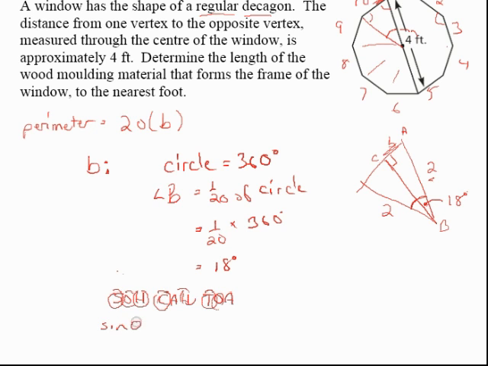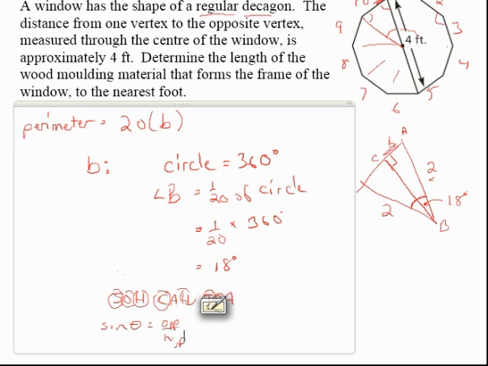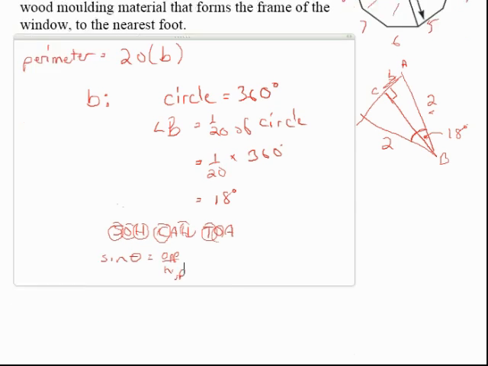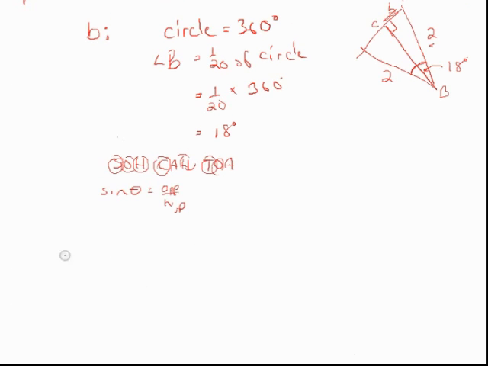So sine theta is opposite over hypotenuse. Sine of 18 degrees is B over 2. So B equals 2 sine 18.